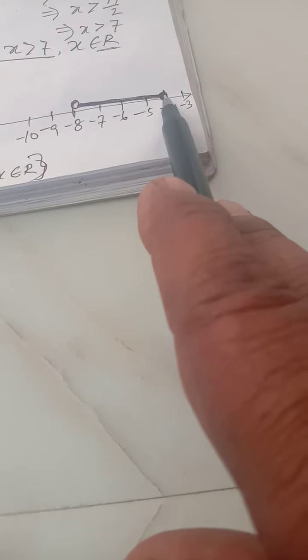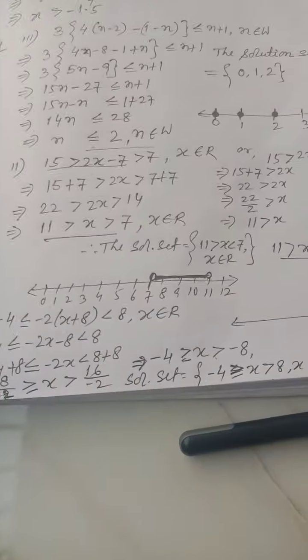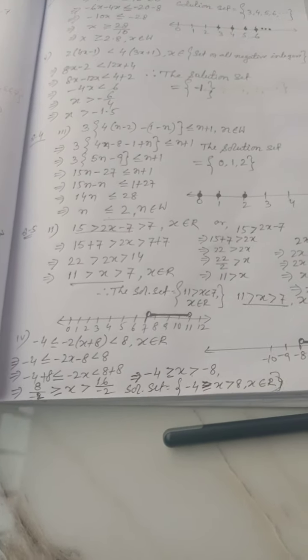So it includes the minus 4 value also, but the minus 8 value is not included because x is greater than minus 8. That is why minus 8 will not be completely darkened like minus 4. So it will be hollow. And all the values you will have to take, not a particular value. I hope you have understood. If you have any doubt of your own, talk to me.